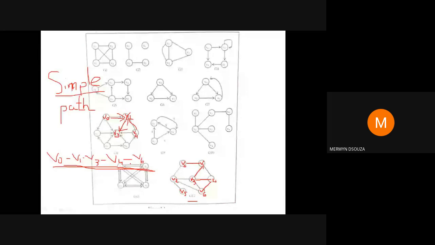But if I give you this path, can you tell me whether it's a simple path or not? Suppose it is V0, V1, V3, V4, V6, V3, V2. Is this a simple path? Yes or no? If no, then why?